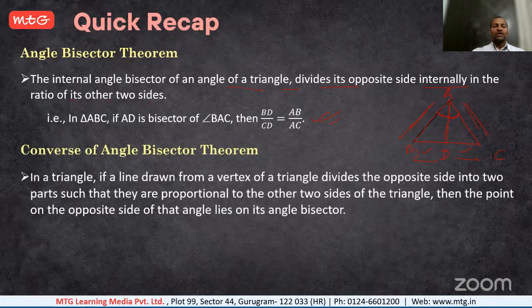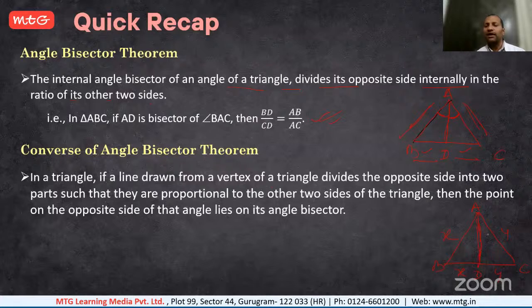Okay. So next is your converse of the angle bisector theorem, just the opposite. Here it says that in a triangle, if a line drawn from a vertex divides the opposite side in the same ratio as the other two sides, like if the sides are x and y, and it divides the opposite side in the same ratio, then this line will be the angle bisector, or this point D will be on the angle bisector.